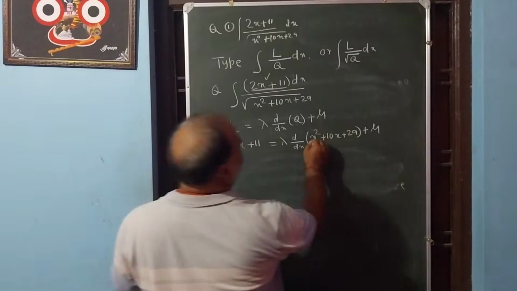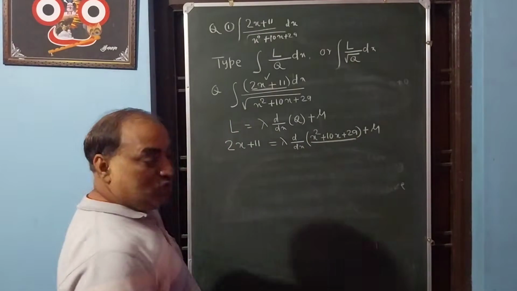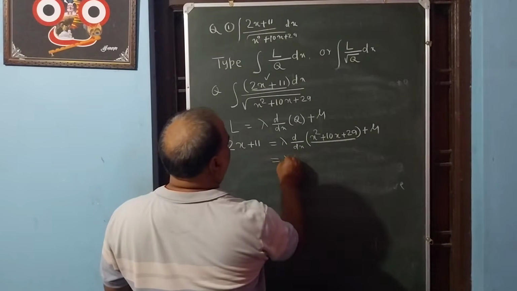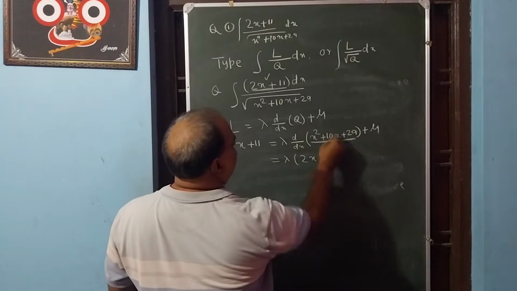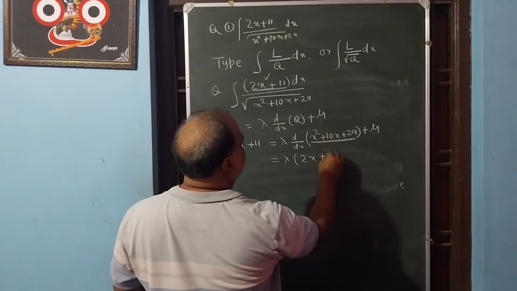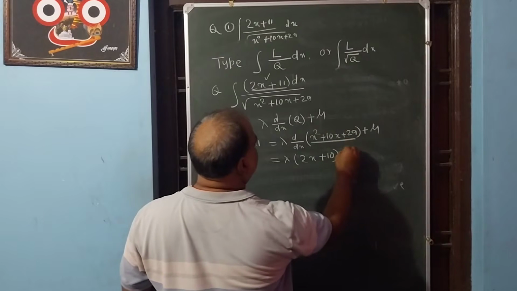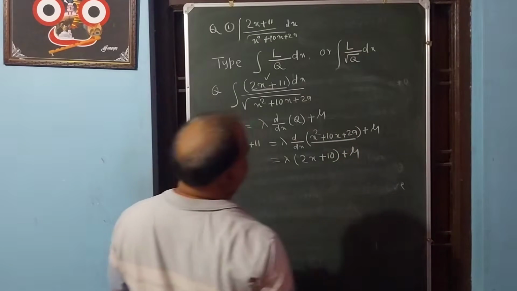You know that the derivative of a sum is equal to the sum of the derivatives. The derivative of x square is 2x, the derivative of 10x is 10, and the derivative of 29, which is a constant, is 0, plus mu.